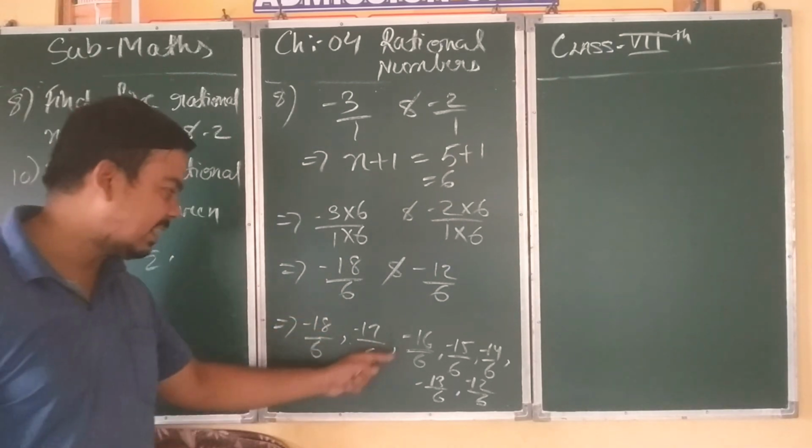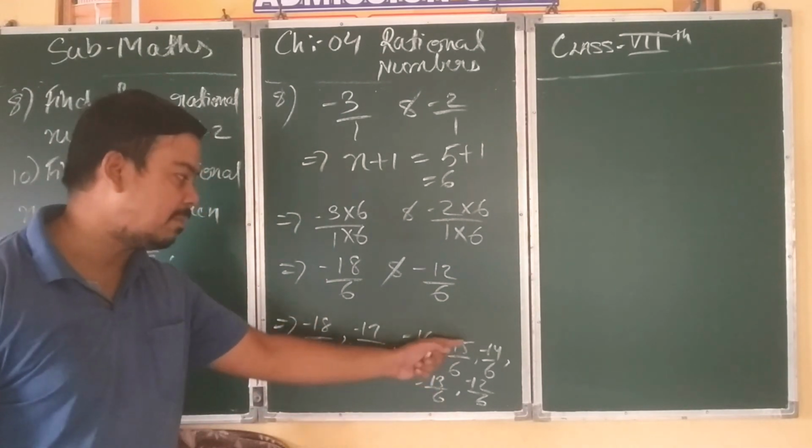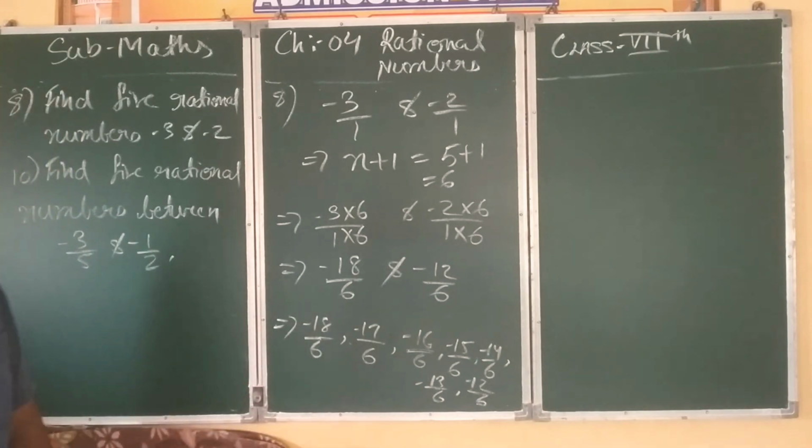Minus 17 by 6, minus 16 by 6, minus 15 by 6, minus 14 by 6, minus 13 by 6. 1, 2, 3, 4, 5 rational numbers.